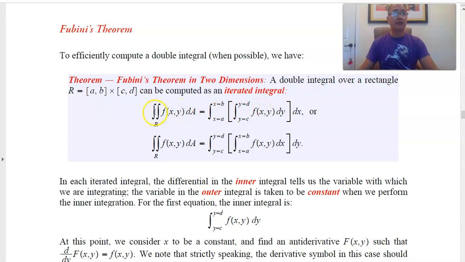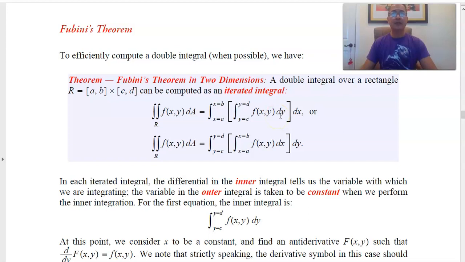The double integral of f over R can be expressed as the integral from x equals a to x equals b, with a dx matching it on the right side, of another integral, the integral from y equals c to y equals d of our function, this time with the differential dy.